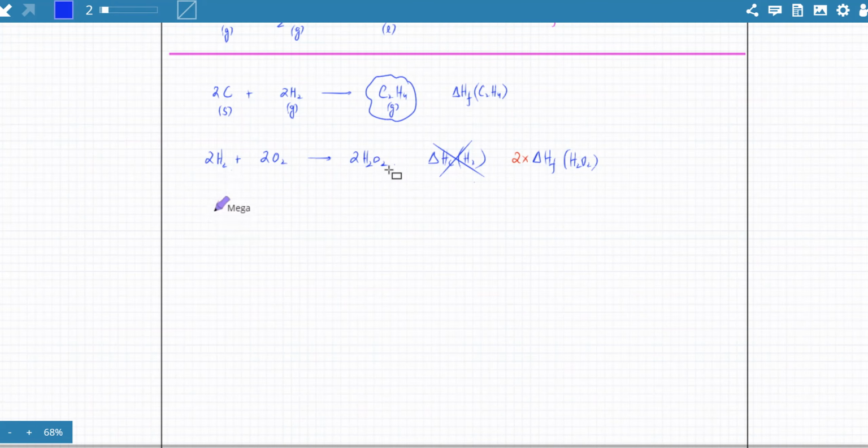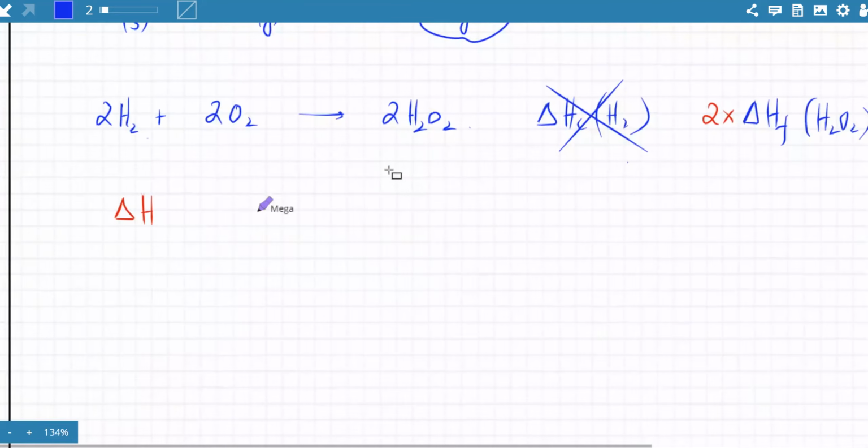So try and write the enthalpy of formation of all these. I'm giving you a small assignment. That's number one. Write the equations, write the reactions.